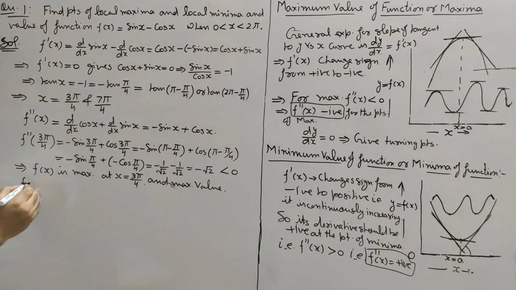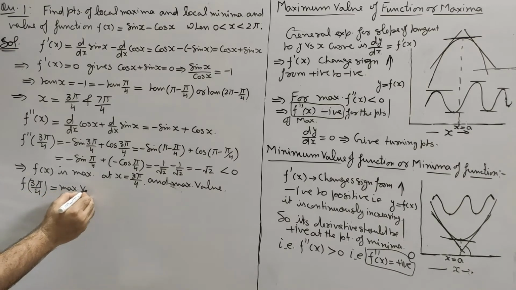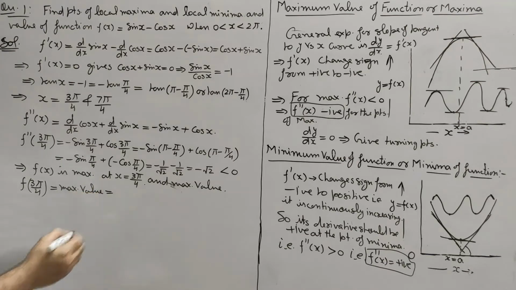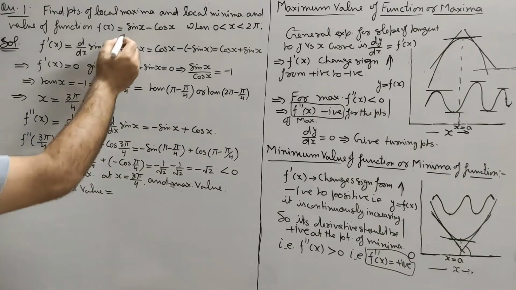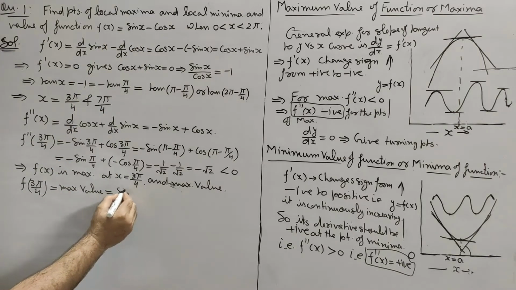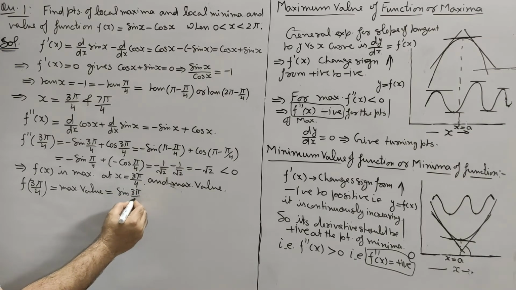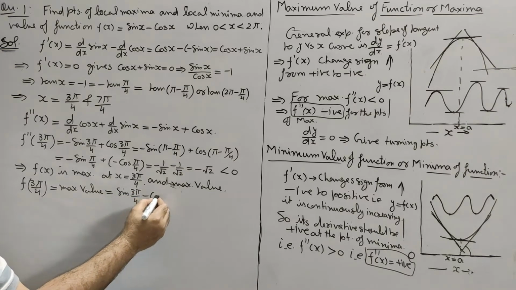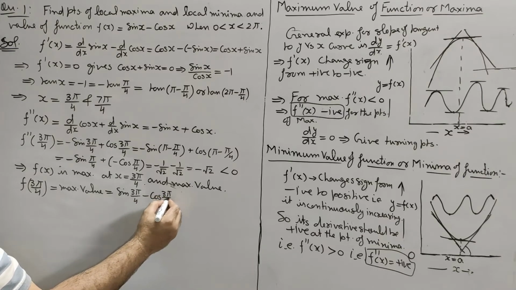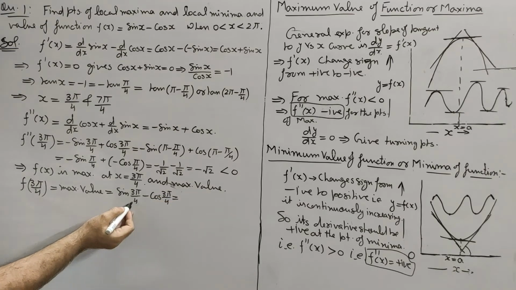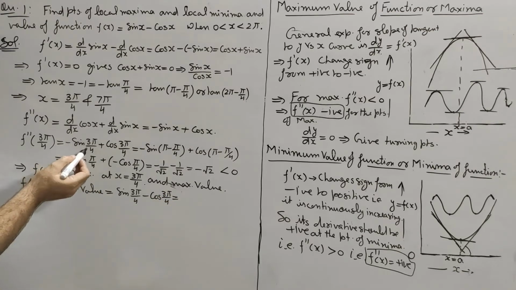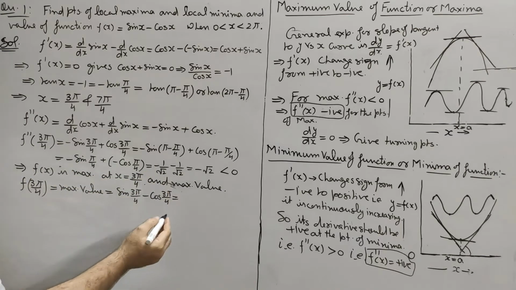So f 3 pi by 4 is equal to maximum value of function is equal to sine 3 pi by 4 minus cos 3 pi by 4, and sine 3 pi by 4 already we calculated is 1 by root 2.